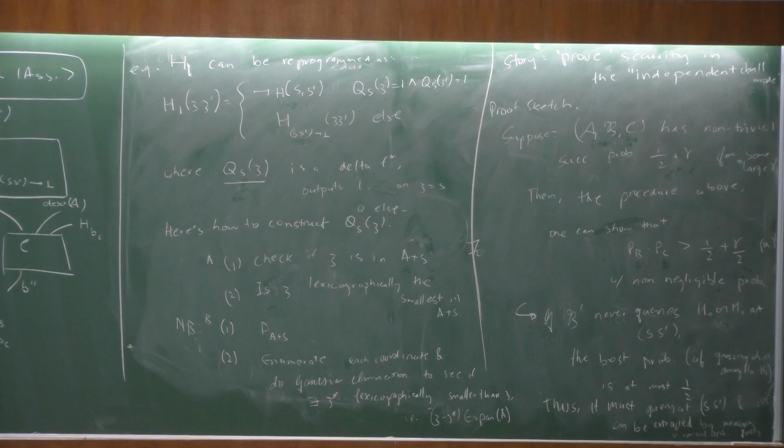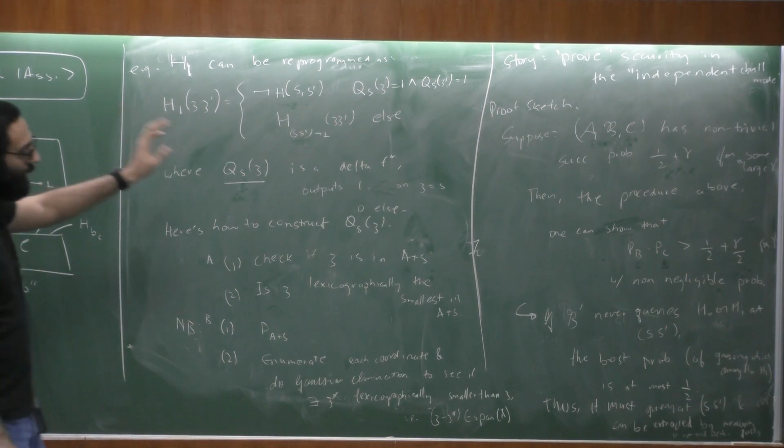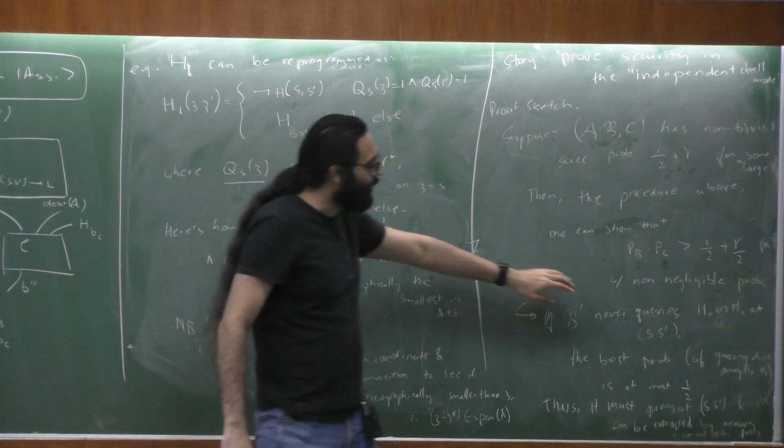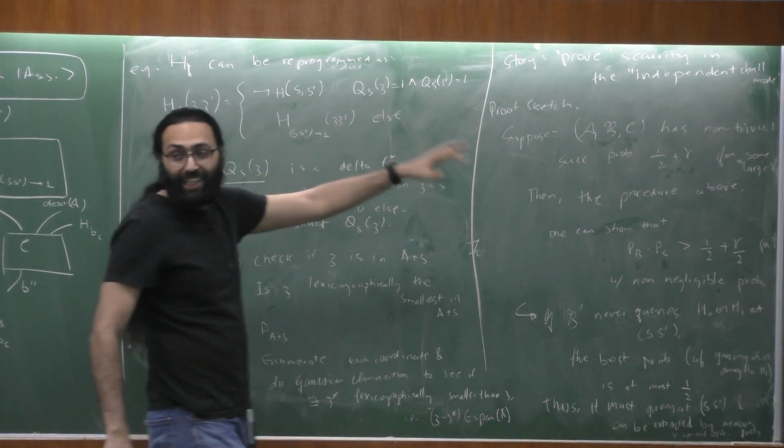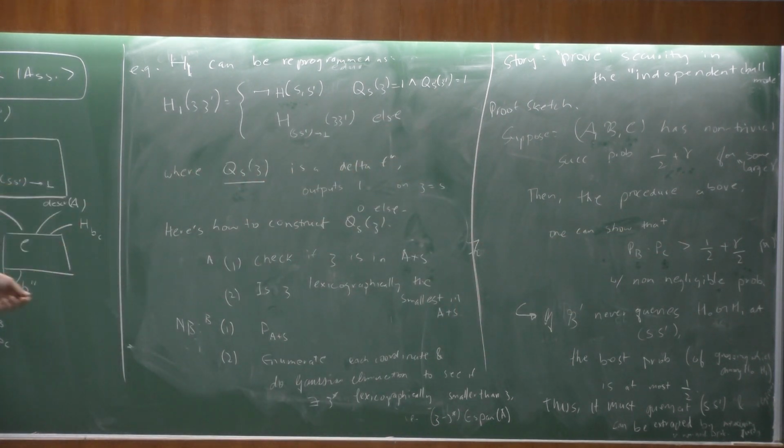How you're getting rid of entanglement at the intermediate step. How that is related to the success probability of the original game, and then because the product is greater than half, you're able to extract S and S prime, and thereby break the monogamy of entanglement of the coset state game. So this gives you a high-level idea of what's happening, and then once we go into the details, everything will become crystal clear.